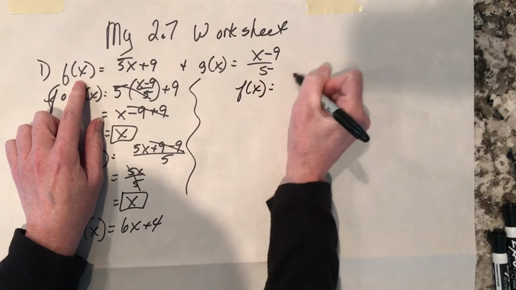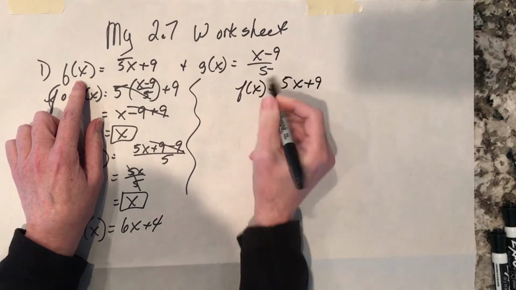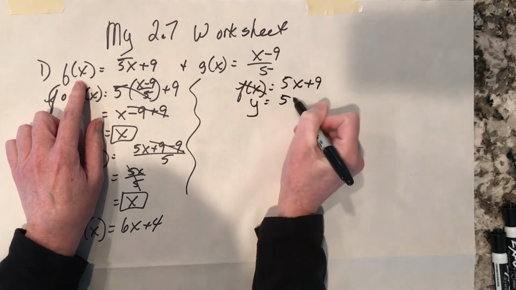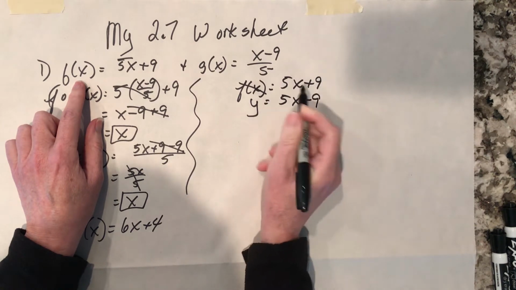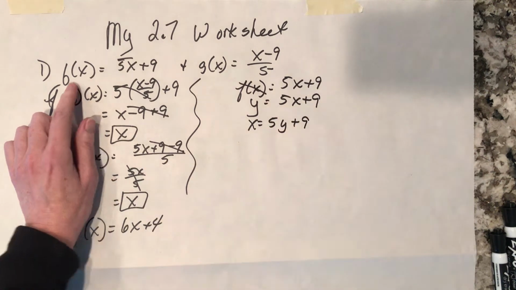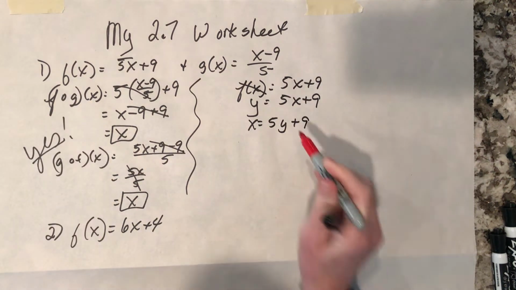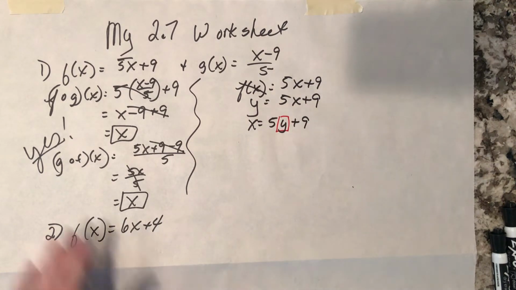F of x equals 5x plus 9. Let's call this y equals 5x plus 9. Let's swap out the x and the y, so x equals 5y plus 9. Now what we're trying to do is get y isolated.